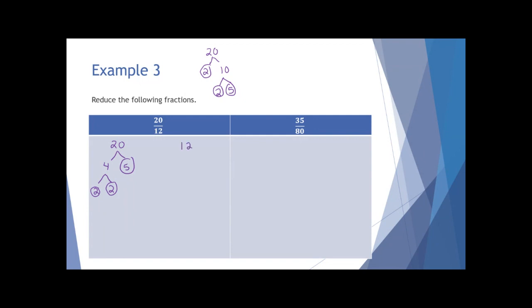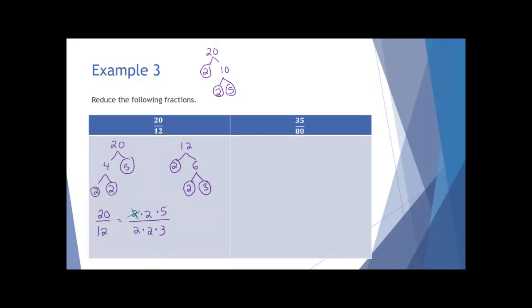So 12, last time I did 12, I did 3 times 4. So let's do 2 times 6. 2 is prime. And then 6 is 2 times 3. So now I'm going to rewrite this. I have 20 over 12. 20, if I write all of these numbers multiplied, is 2 times 2 times 5. 12 is 2 times 2 times 3.